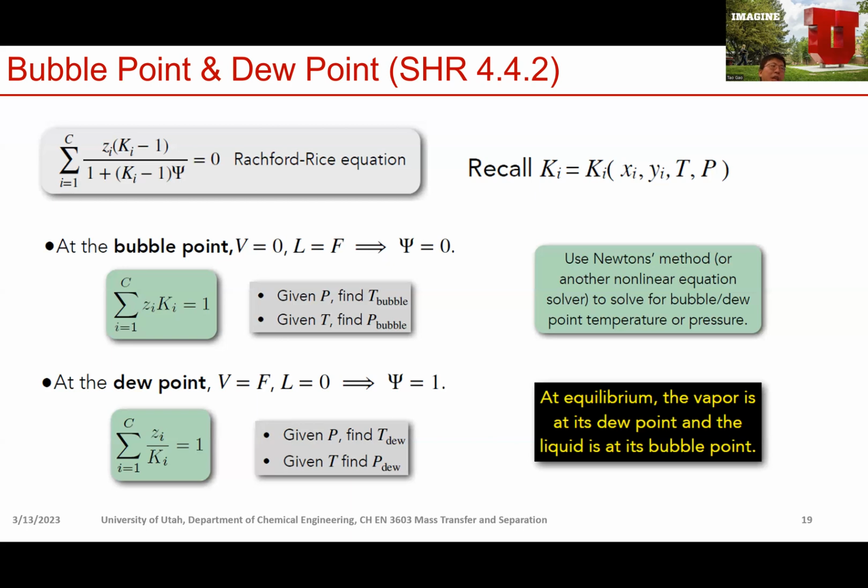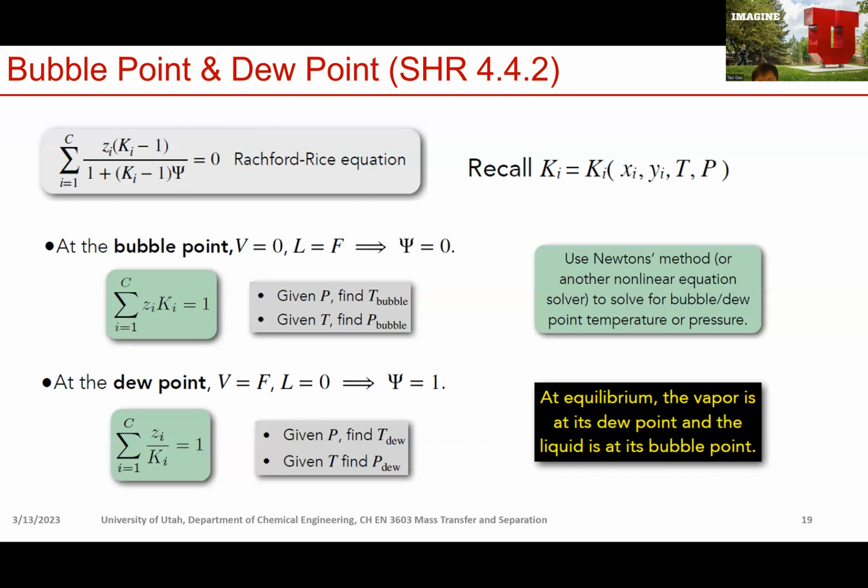So that leaves a degree of freedom of 2. Then we simplified the whole set of equations, the mass balance, the energy balance, and the equilibrium, and condensed them into one, the Rachford-Rice equation. Then we talked about two simple examples, bubble point and dew point calculation.